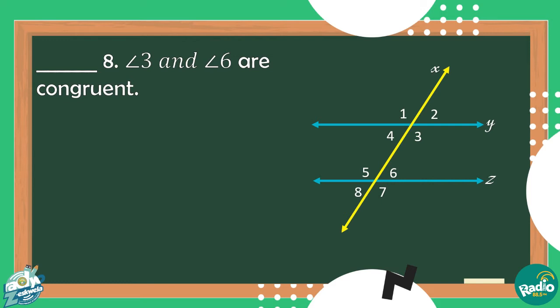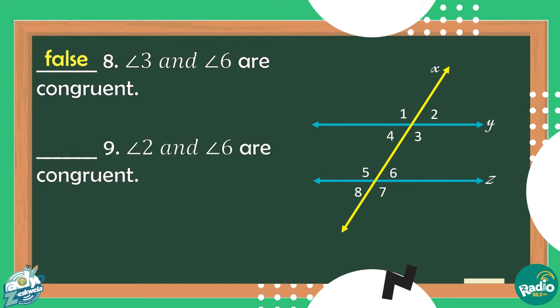Next item, angle 3 and angle 6 are congruent. Is it true or false? That's false, because angle 3 and angle 6 are same side interior angles, which are supplementary and not congruent.